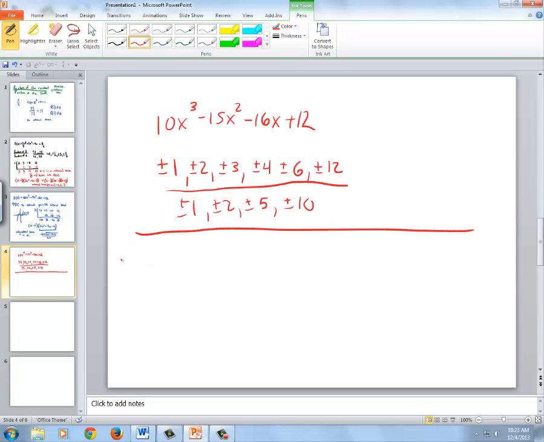All right, your homework for tonight. You are going to be looking at page 170 through 171. I want you to do numbers 19 through 27 odd. I want you to do 35 through 38.